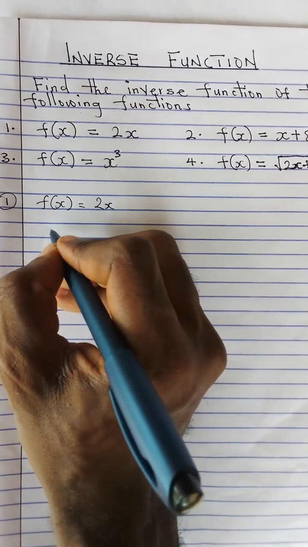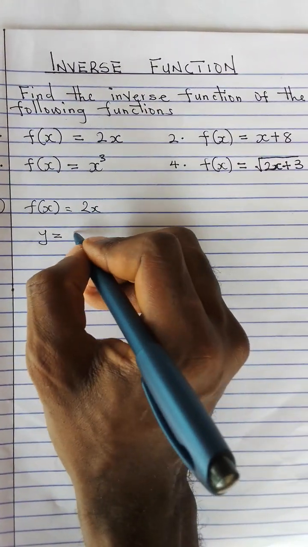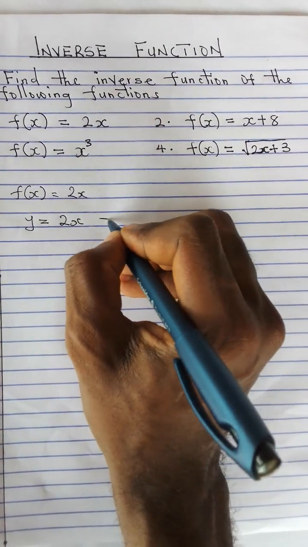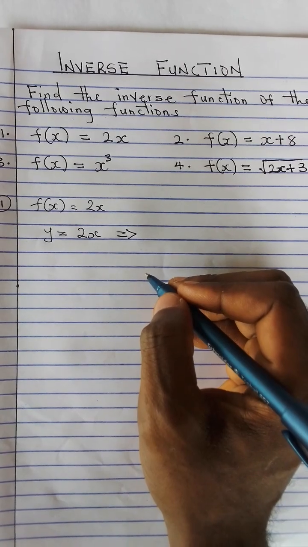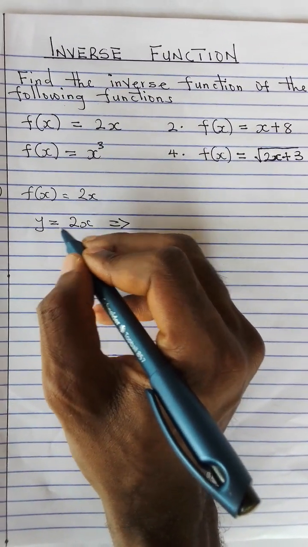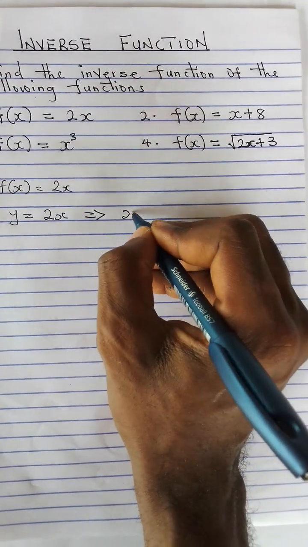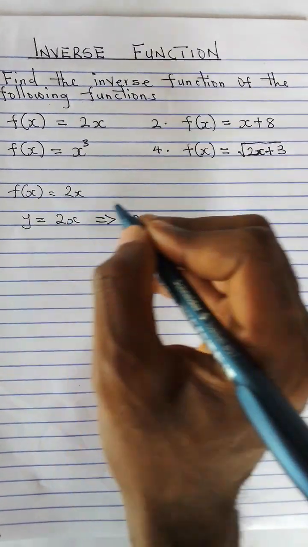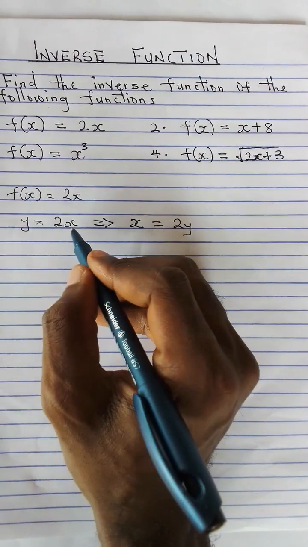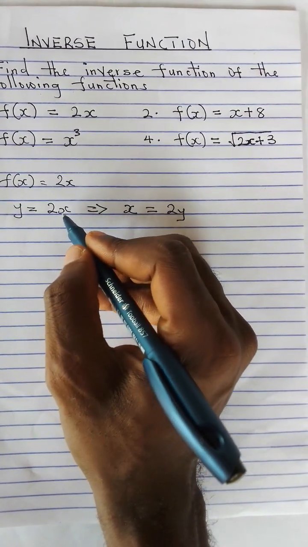So let's say that f of x is y equal to 2x. So when that is done, the next step is to interchange x and y. So we have x in the place of y equal to 2y. So y comes in the place of x.